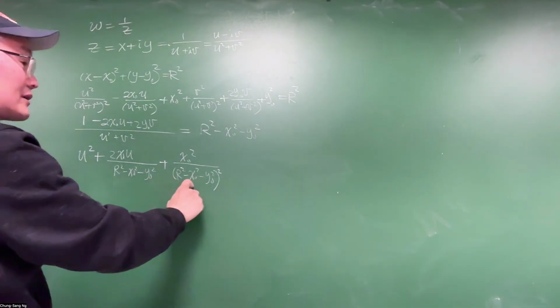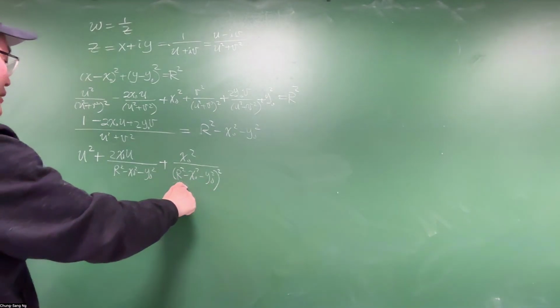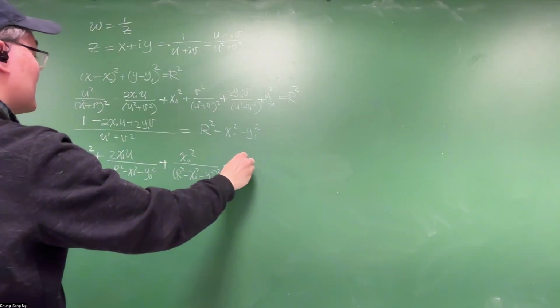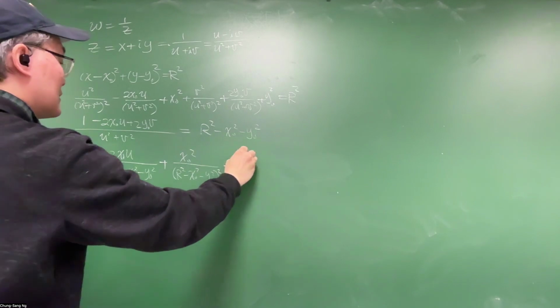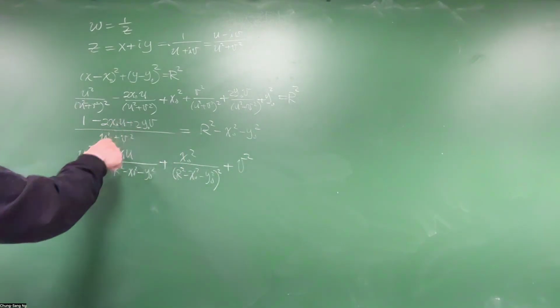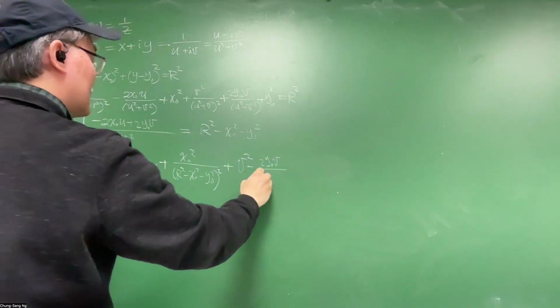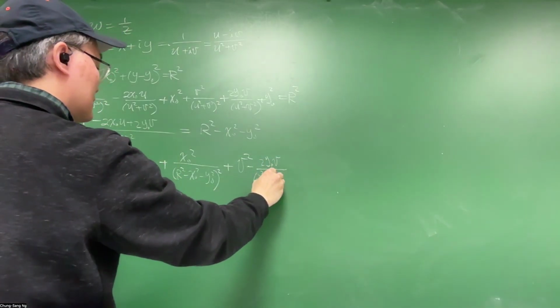Okay, and then you need to subtract that finally, but we can move that to the other side. Plus v square, and this time we minus, minus.